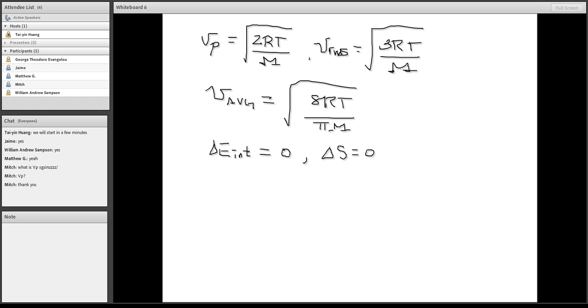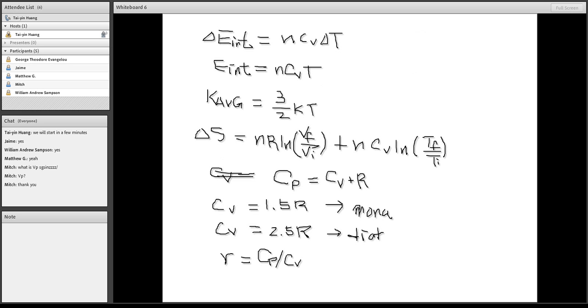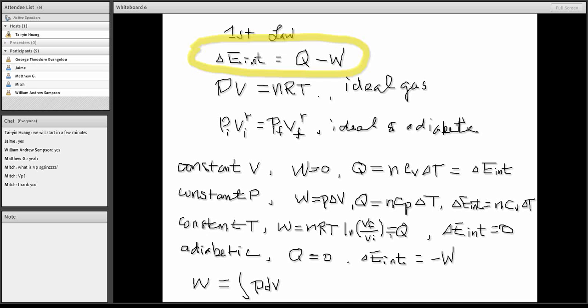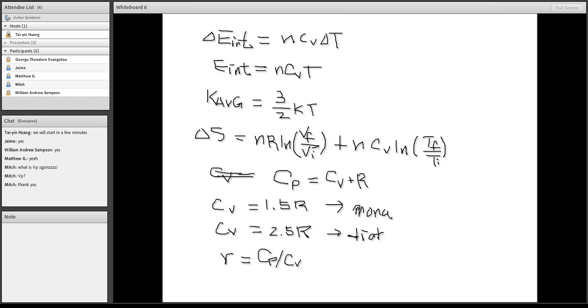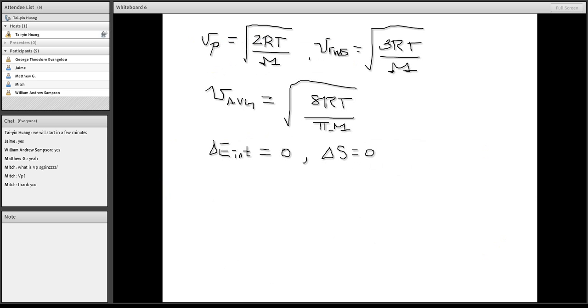Okay. And so when you're dealing with a cycle, then you have to go back to this chart to see what kind of process you're dealing with, and apply these equations in order to calculate the amount of heat that's being exchanged or the amount of work that's done by the engine.